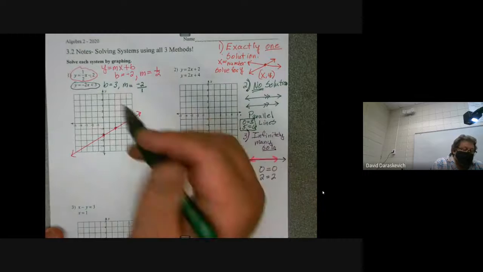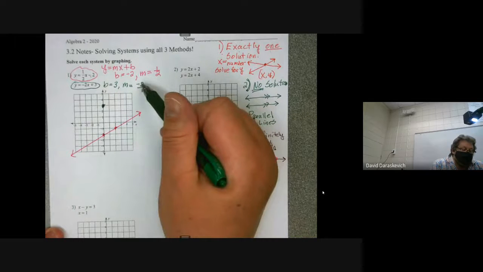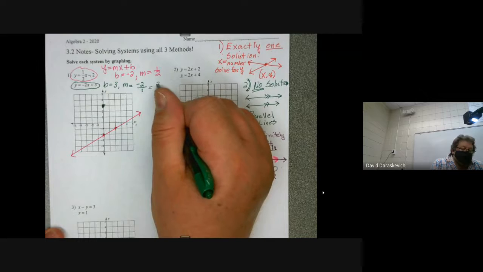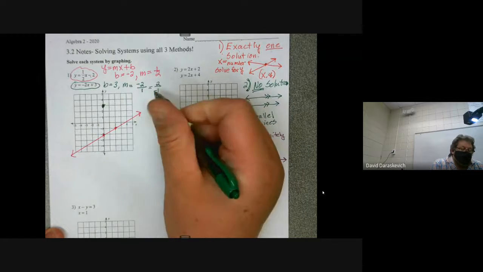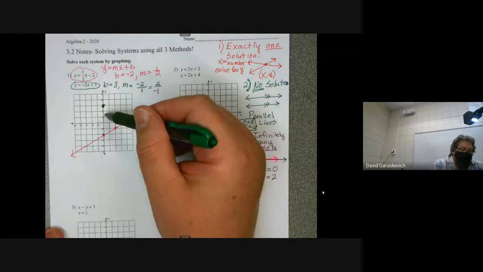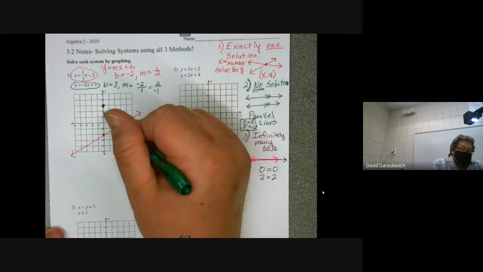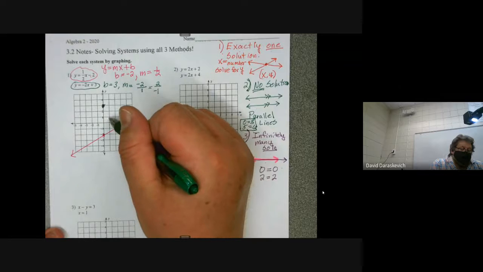I start at 3 on the y-axis, and this time you can put that minus sign with either the 2 or the 1. I'm going to use the -2 because I want to get close to this line. So I'm going to go down 2, to the right 1.